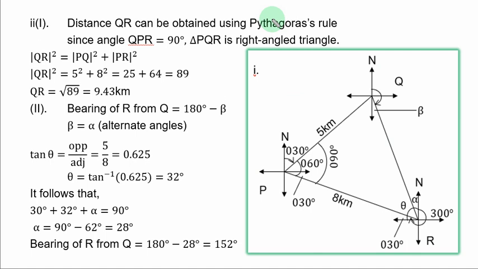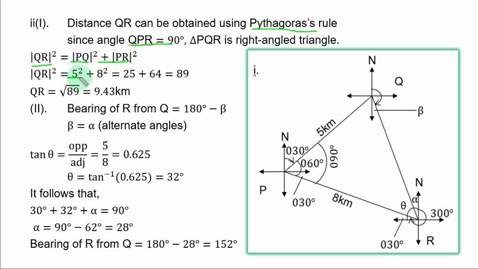Distance QR can be obtained using Pythagoras rule. I've already said that, since angle QPR is 90 degrees, the side facing the angle is the longest side, hypotenuse. So you have QR squared equal to PQ squared plus PR squared.